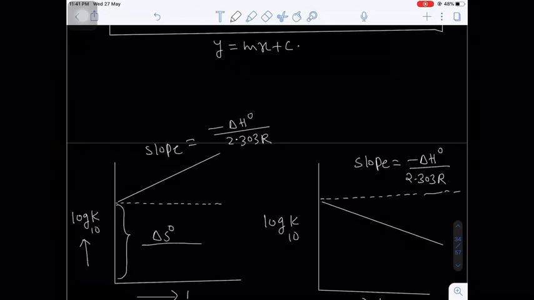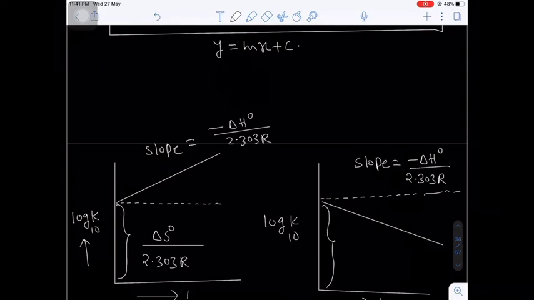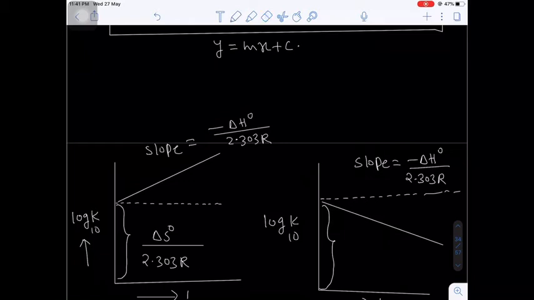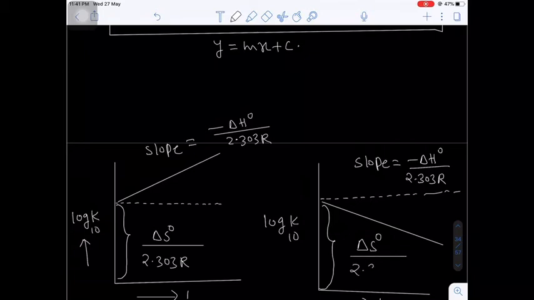That is delta S naught divided by 2.303 capital R.